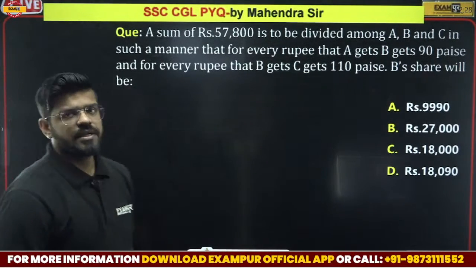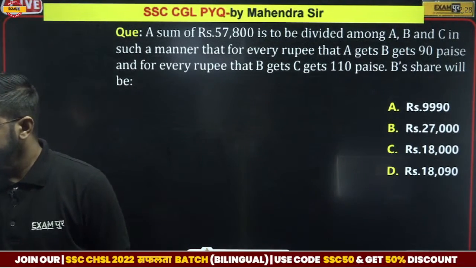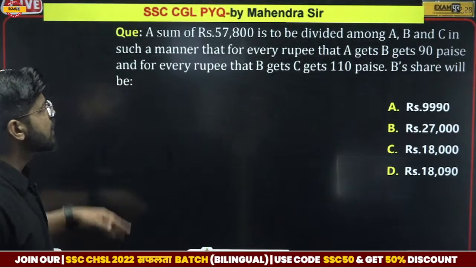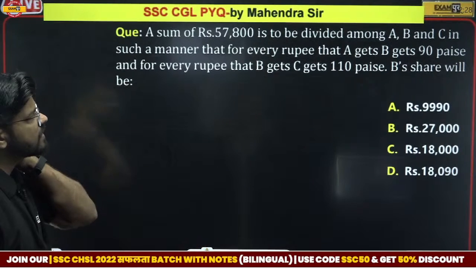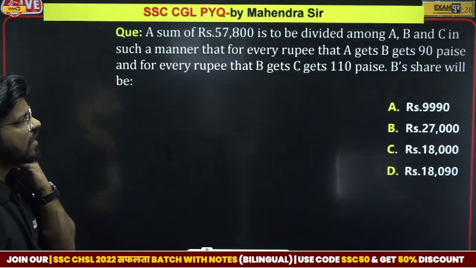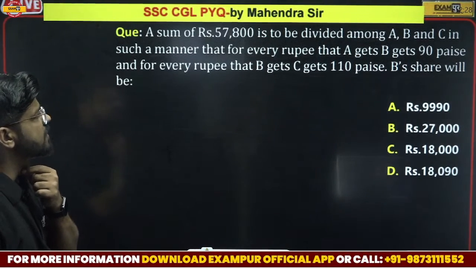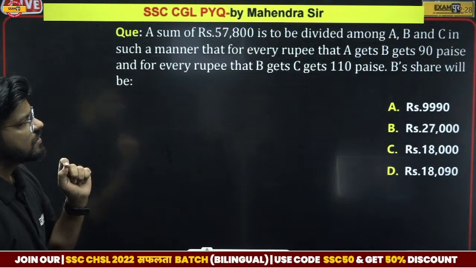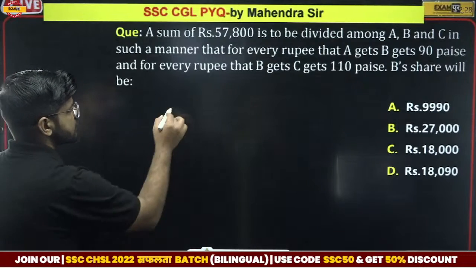Another question. Tell me the answer for this. A sum of rupees 57,800 is to be divided among A, B and C in such a manner that for every rupee B gets 90 paisa.